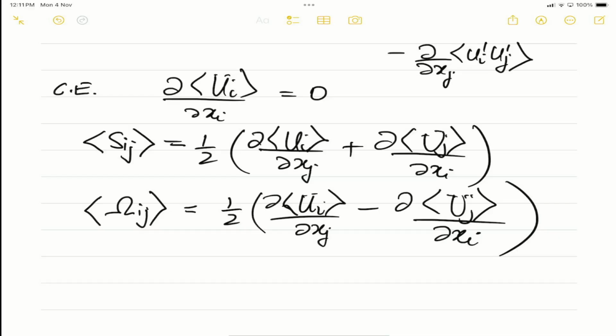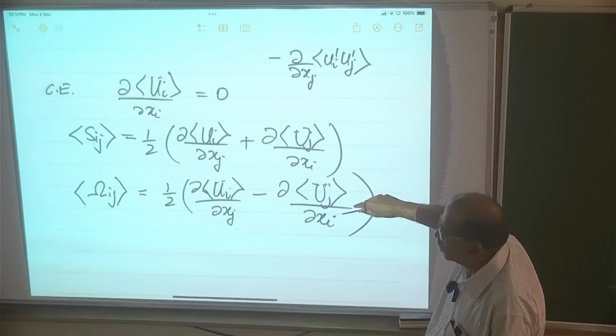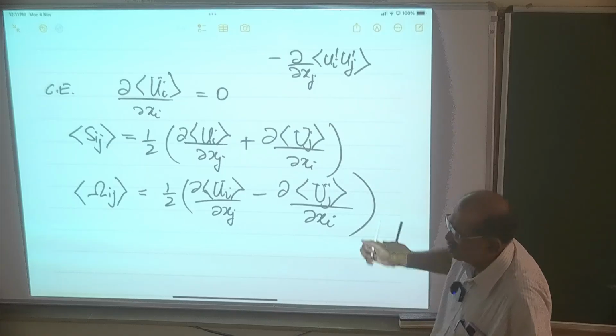This is the rate of strain tensor, the mean rate of strain, and this is the mean rate of rotation tensor. Again, this has been done.